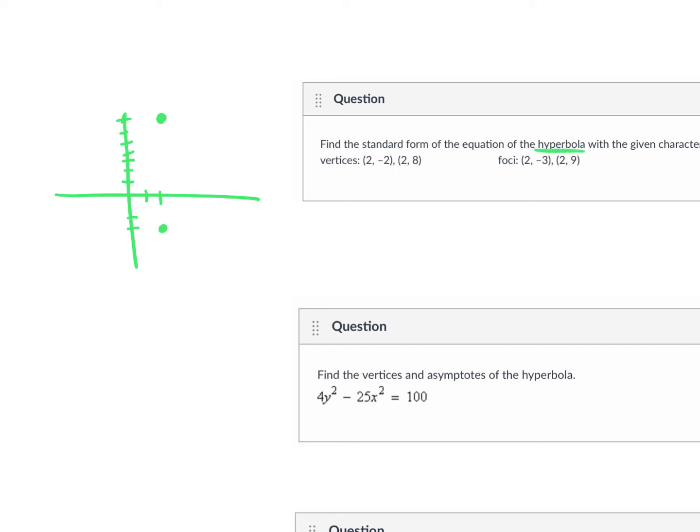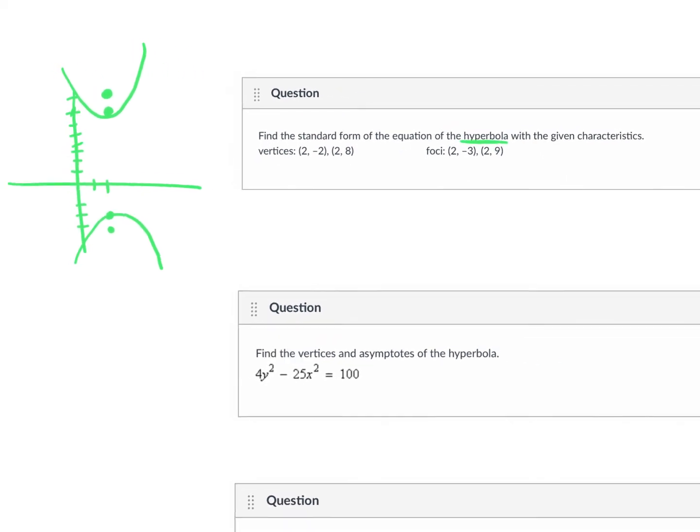And our foci are at 2, -3, and 2, 9. So it's going to go this way and this way. What would our center be? 2, 3.